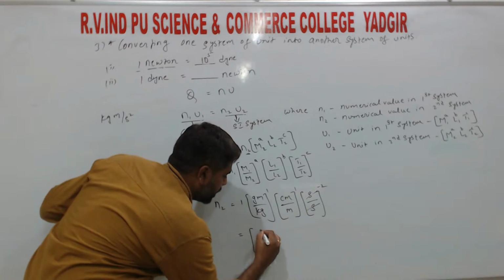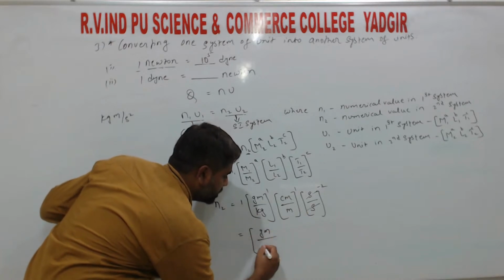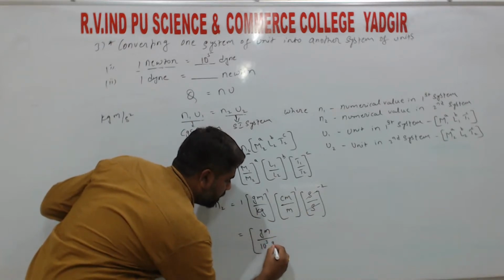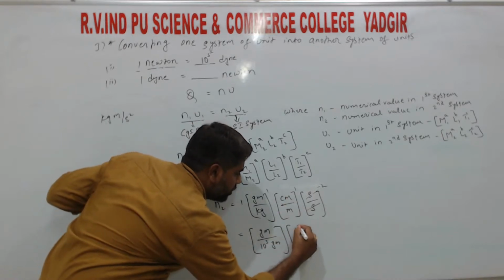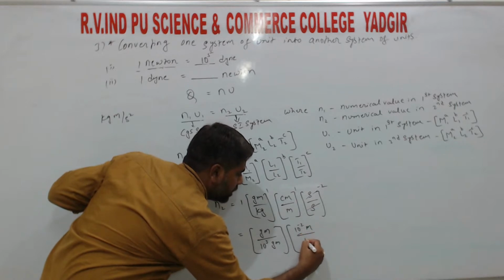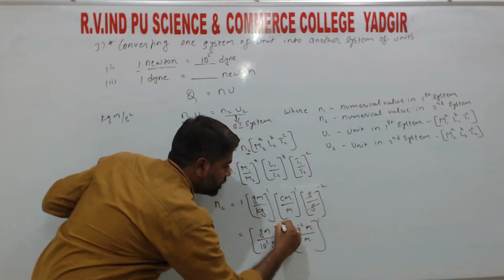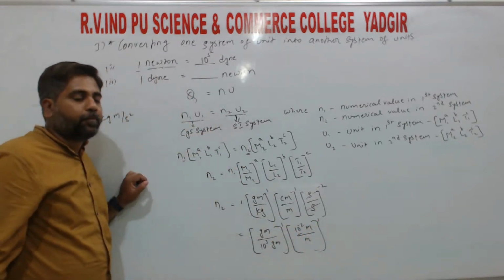So here also we can convert gram to kg, that is 10 to the power of 3 gram, right? Centimeter is 10 to the power of -2 meter, divided by meter, its power is 1, right?